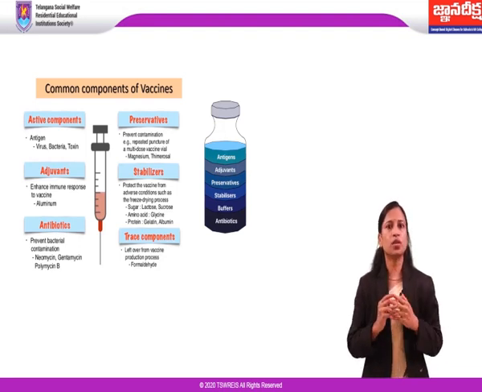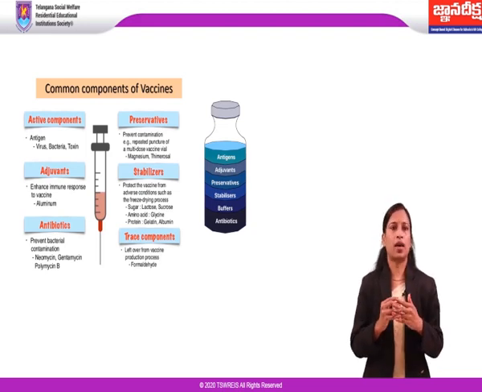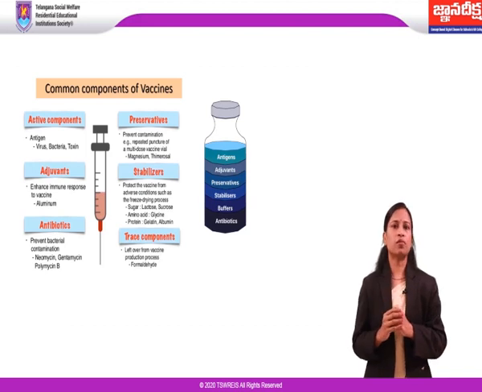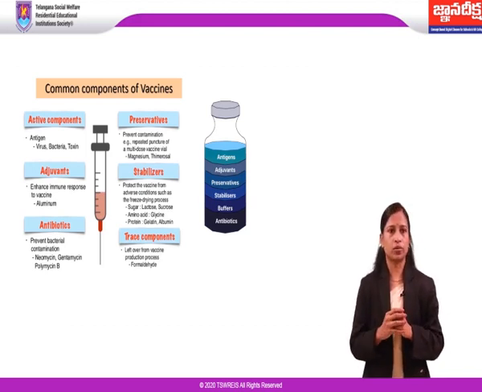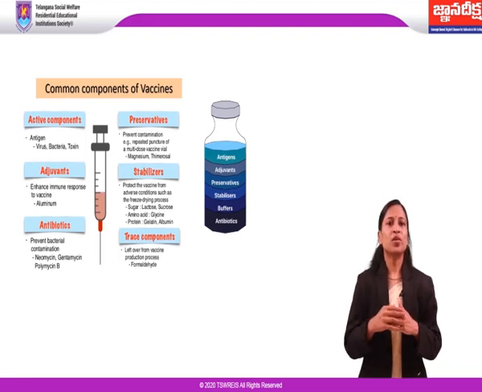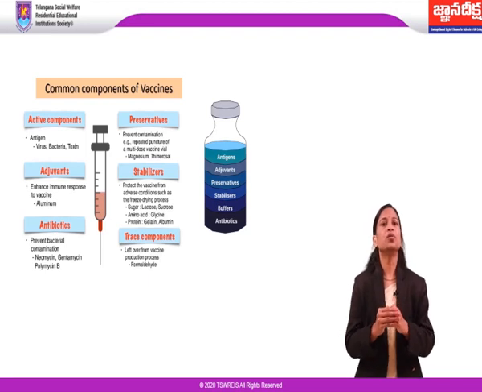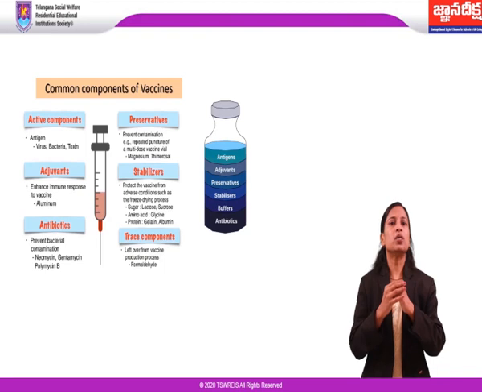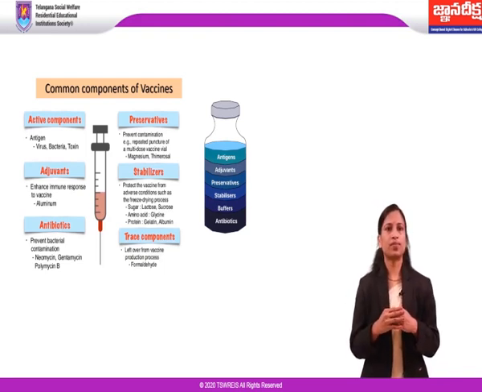Antibiotics are used during the manufacturing phase to prevent bacterial contamination. Preservatives are added to multi-dose vaccines to prevent bacterial and fungal growth. Stabilizers are used to help the vaccine maintain its effectiveness during storage. In addition, vaccines also have some residual byproducts from the production process.